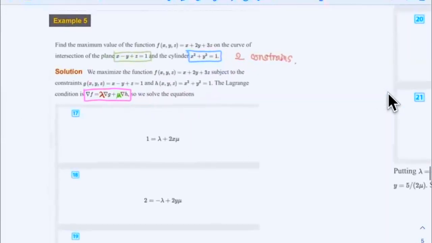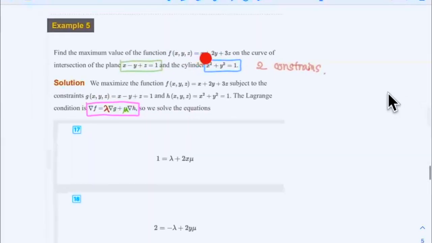We have enough time, so let's just go through this. What is the gradient of the function? Take the partial derivative of this function with respect to x, we get 1. Take the partial derivative of g with respect to x, we also get 1.